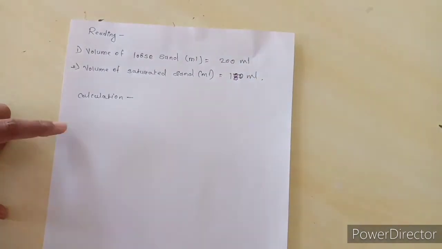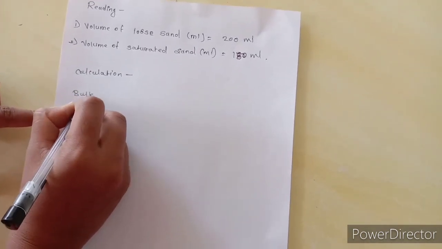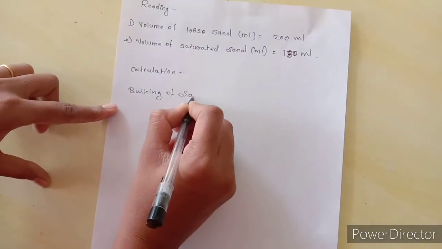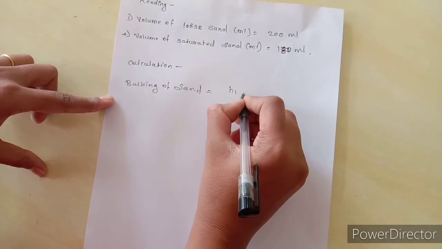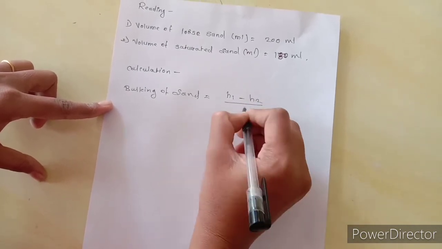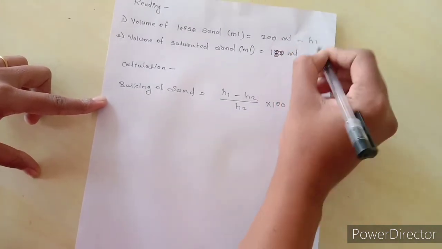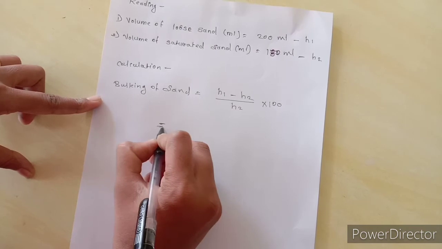Then the calculation to find out bulking of sand is equal to (H1 minus H2) divided by H2, multiplied by 100. This is our H1, this is our H2. So here we put these values in this formula.